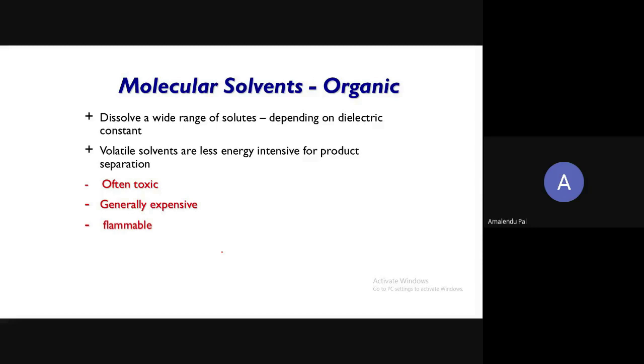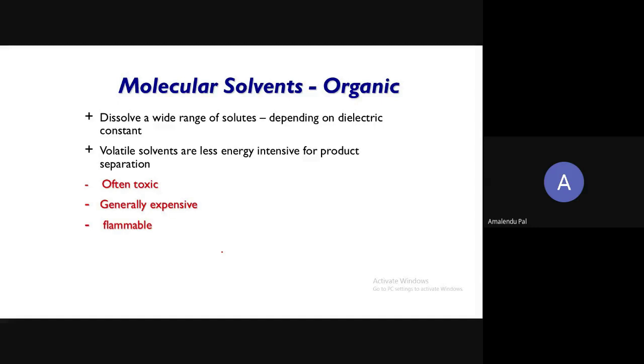If it is a volatile solvent like methanol or ethanol, the boiling point is near 60, 65. Then in that case, less energy is required for product separation, for evaporation. Less energy is sufficient. So that's why volatile solvents are less energy intensive for product separation.